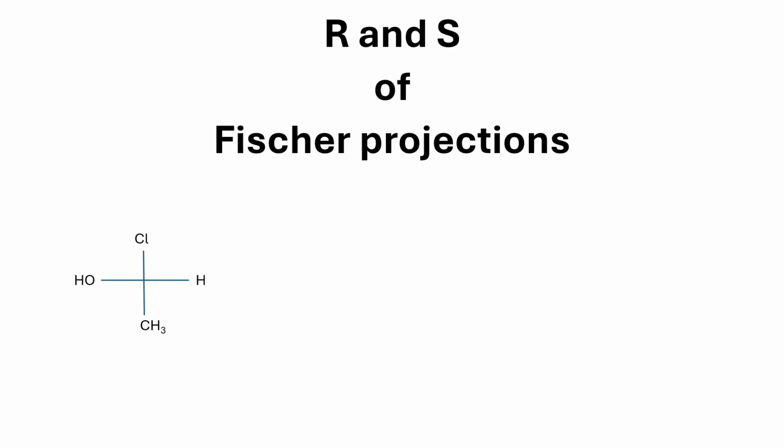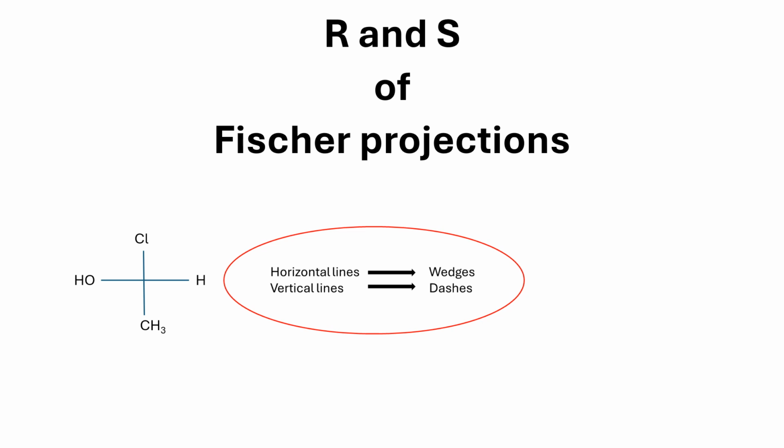First of all, the most important thing that you have to keep in mind regarding a Fischer projection is that all your horizontal lines are wedges, all your vertical lines are dashes. What does that mean? Considering the given example, I can rewrite my structure like this.